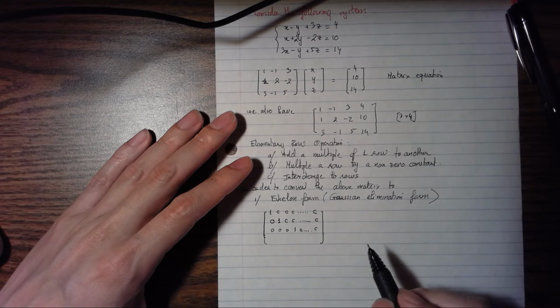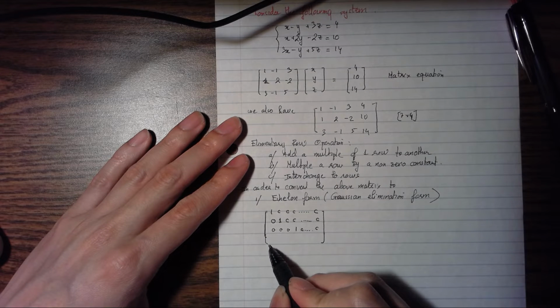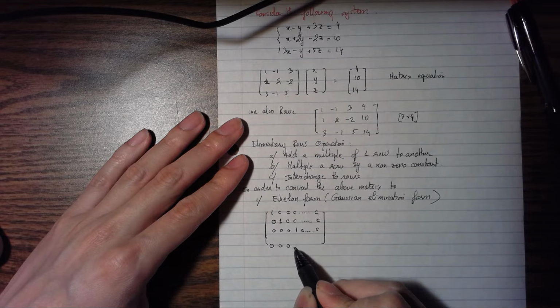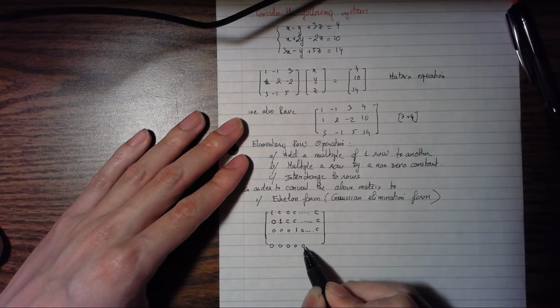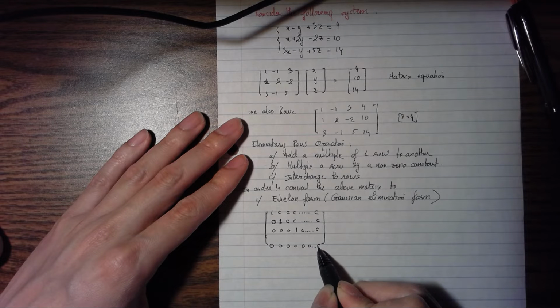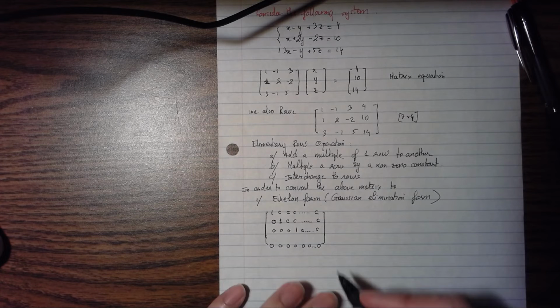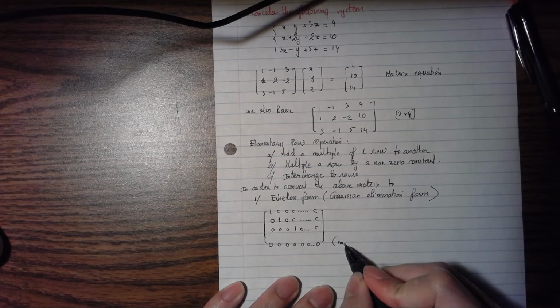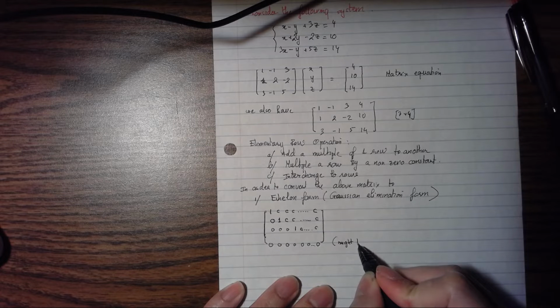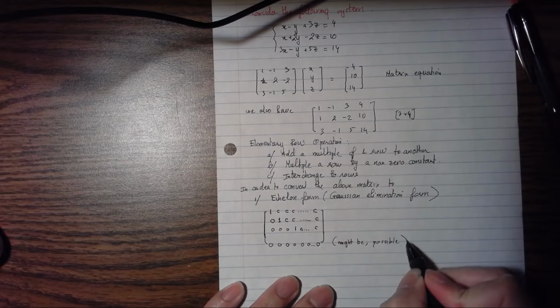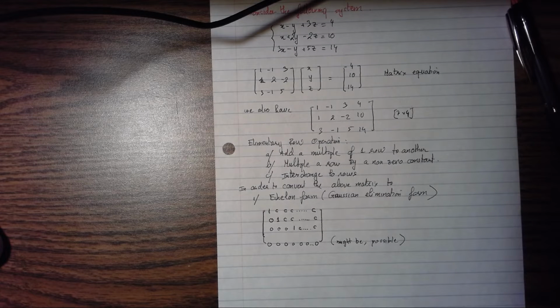Then this is optional. The last row might contain all 0. It might be; sometimes you don't have that case. Sometimes you don't have all 0 at the bottom.